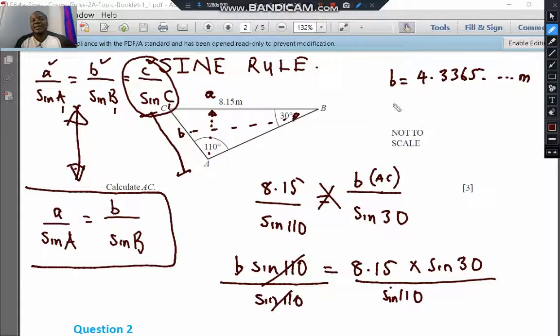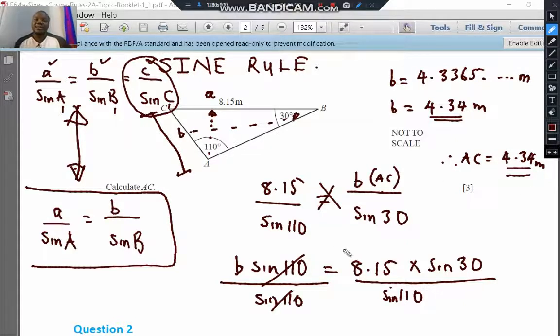But the answer should be written to 3 significant figures, so our b would be equal to 4.34 meters. This b is the AC they are asking for, so our AC is 4.34 meters using the sine rule.